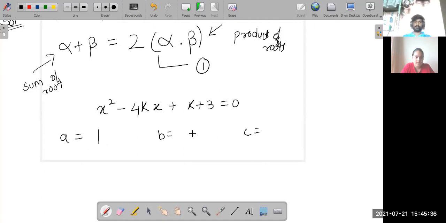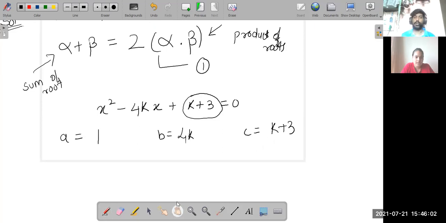B is the coefficient of x, which is minus 4k. And this entire thing is the last constant term. K is also a constant. So what is C? K plus 3 is C.